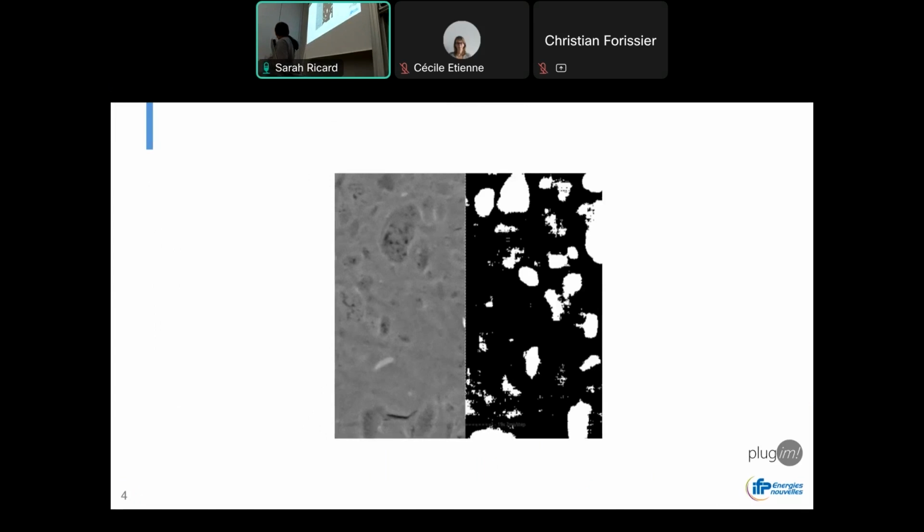And you can see on the right another image, but this image is more simple. You just see black and white pixels, and with the white pixels, you look at some specific porosity arrangement in the left image. So you transform an image into another image, and you can use deep learning to do it. I will go back to this example later.